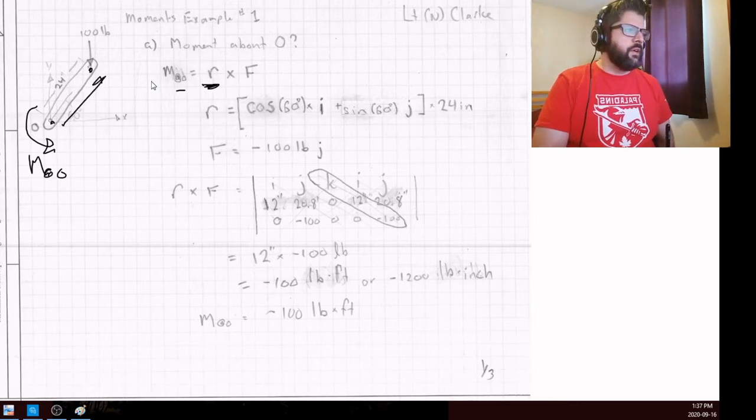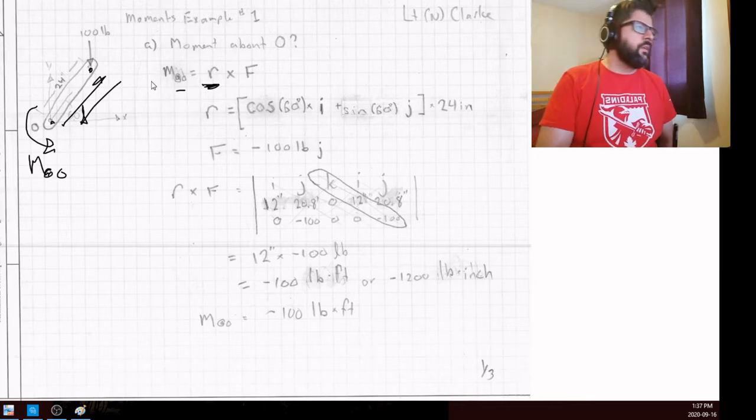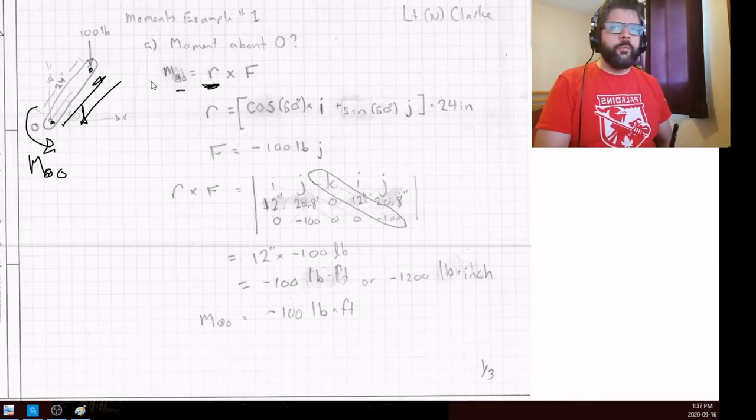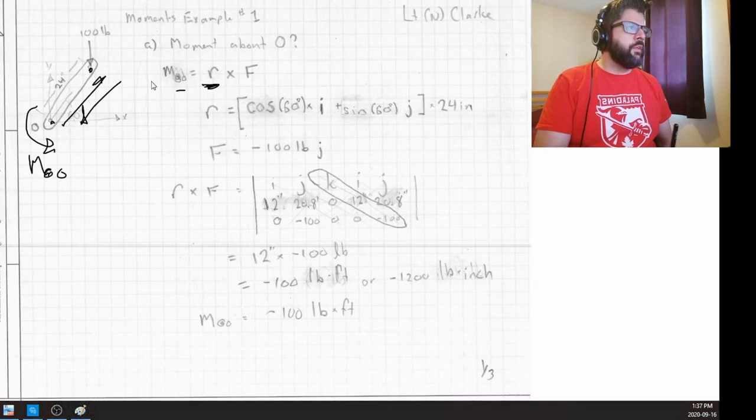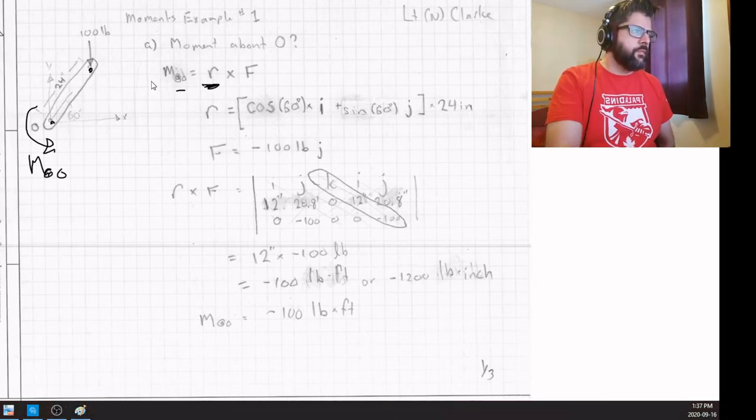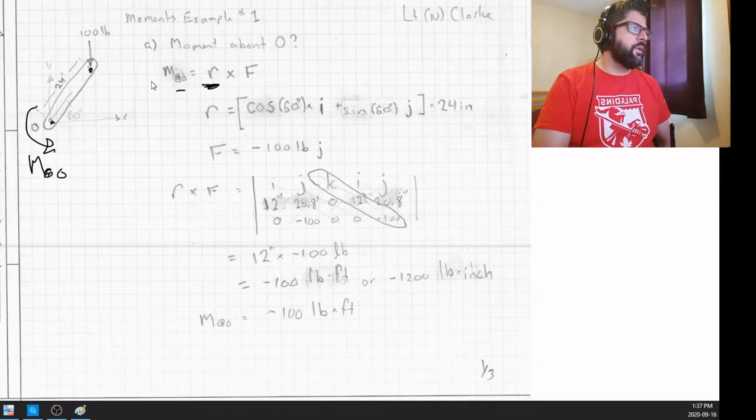So that's here, not here. Different directions will give you the wrong answer. So from the point you're measuring to the point of application, crossed with the force vector that's being applied.